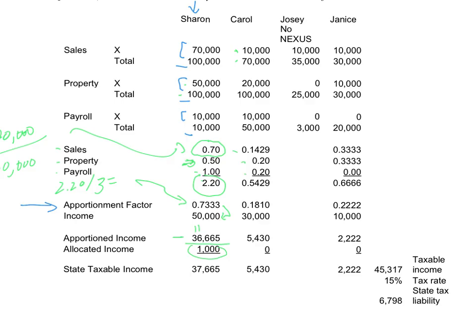Then you total up those percentages, and this 0.5429 divided by 3, because three-factor apportionment, gives us our apportionment factor. Then we multiply the entity's total business income by their apportionment factor, and that gives us their apportioned income. Remember that Josie doesn't have nexus, so there is no income apportioned to state X.